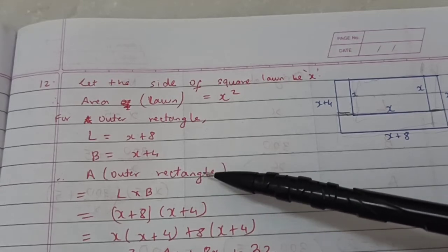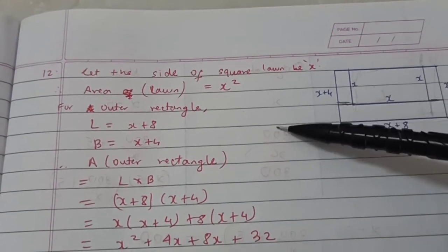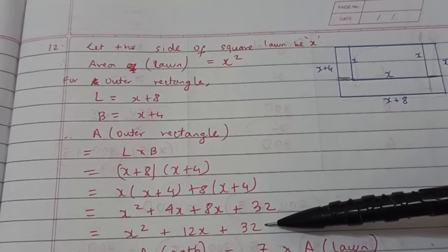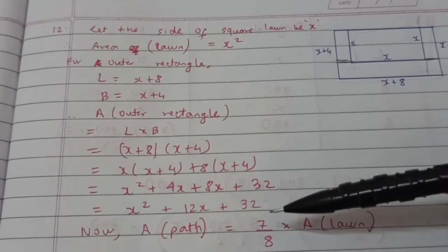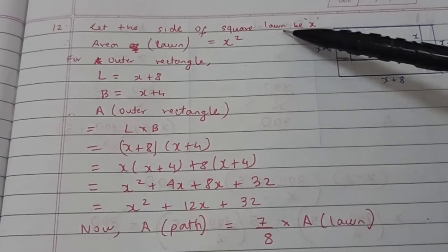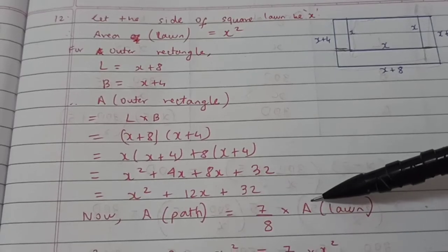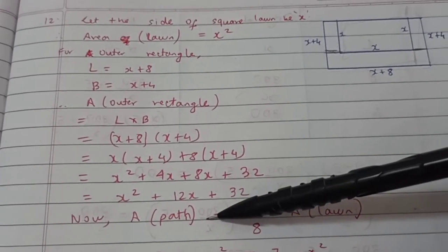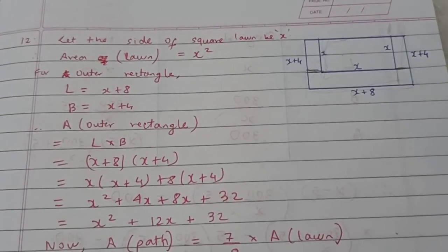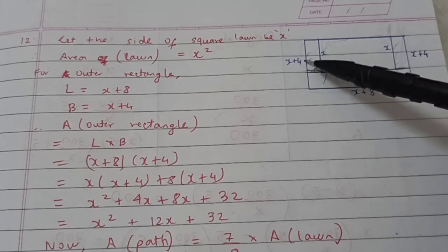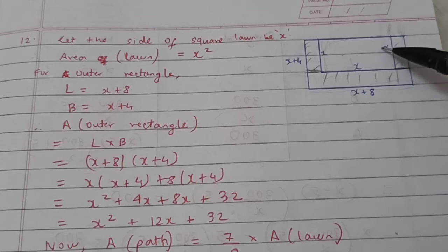So the area of the total outer rectangle comes up to this expression. Now, area of the path is given as 7/8 the area of the lawn, and area of the lawn was actually x squared. It's a square, by the way. And area of the path, according to the diagram, is the shaded portion, which is the big rectangle area minus the square area.